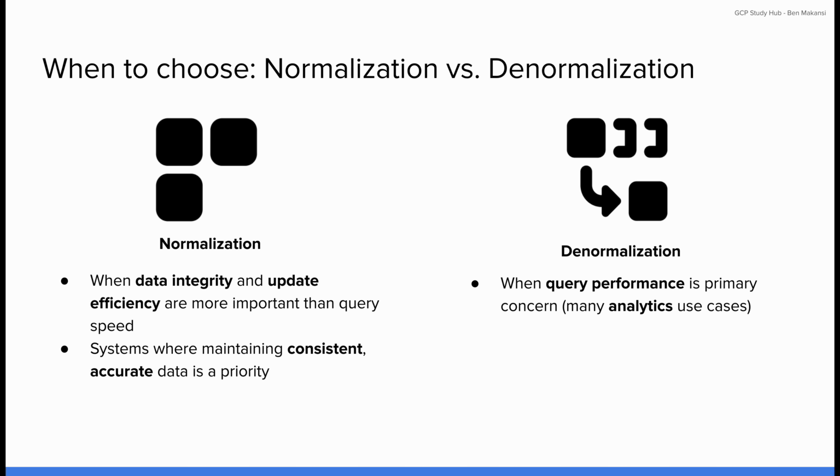And then denormalization is better when query performance is the primary concern, as in many analytics use cases. And if you think about it, BigQuery is an analytics database. And it's also good for read-heavy systems with large data sets where joins might otherwise slow performance.